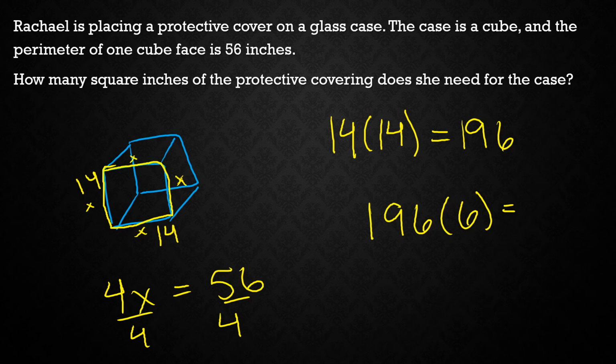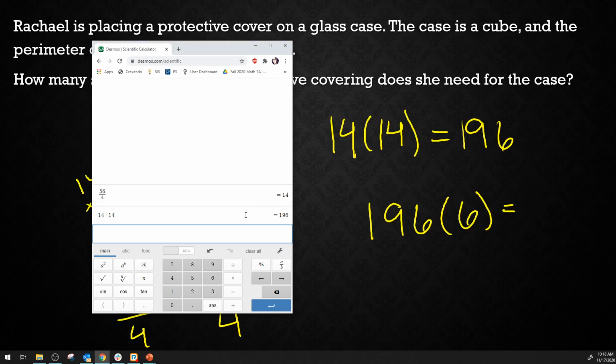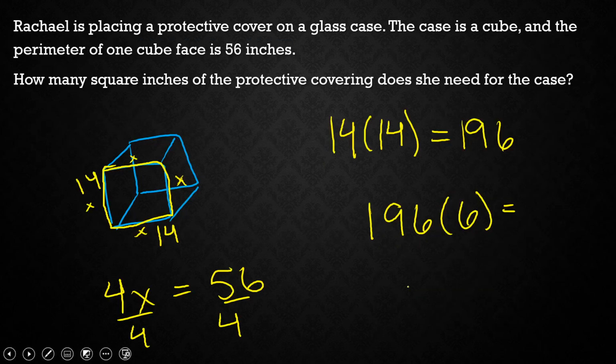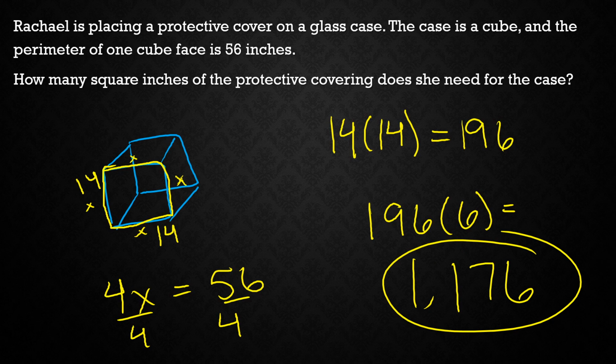And there are 6 total. Remember, think of a dice. 196 times 6 is going to give me 1,176. So Rachel needs her protective covering to, she needs to have 1,176 square inches for her case.